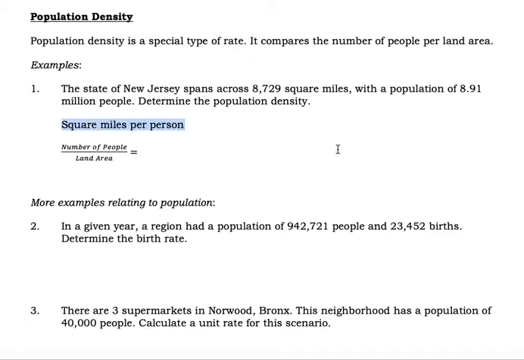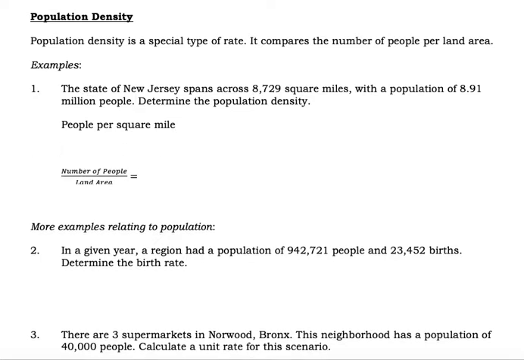What would be helpful is if I have a certain number of people per square mile. That is useful information. So I'm going to determine people per square mile, which means I'm going to divide people by square miles. One thing I'm actually going to do is first convert 8.91 million into standard form.